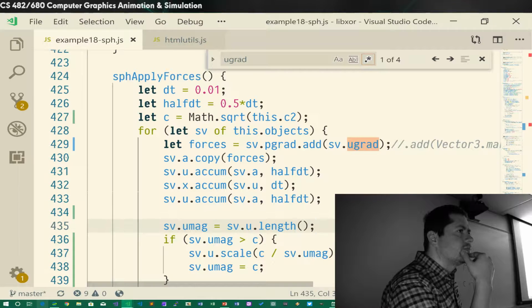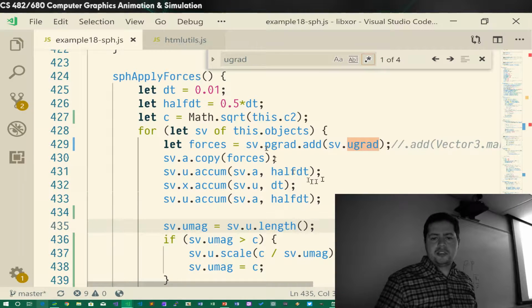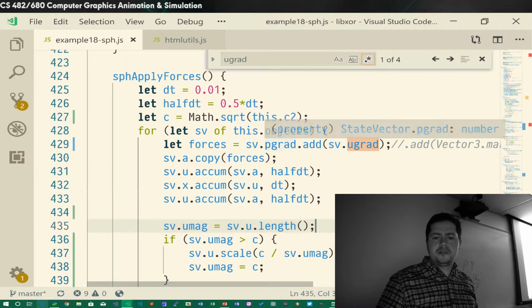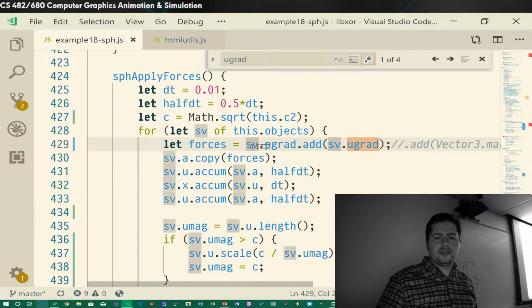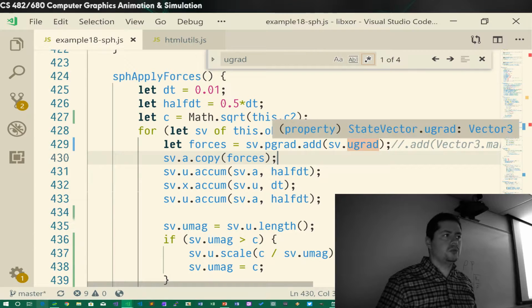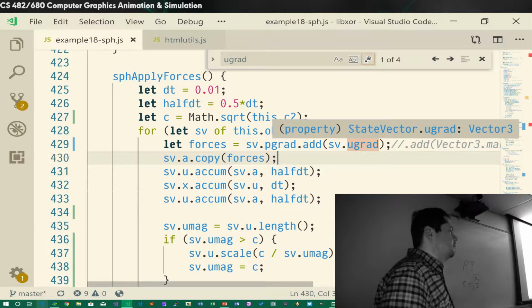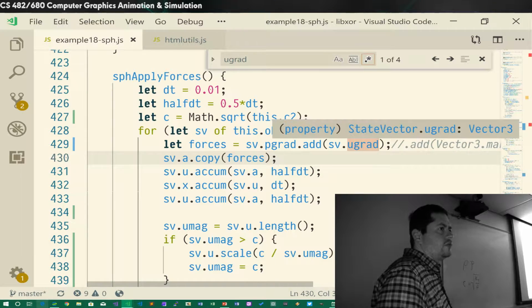Does that make sense? It's got to be related to time steps. The total force should be proportional to the maximum amount of speed. Are we ever allowed to accelerate faster than the speed of sound? I guess that's the question there.